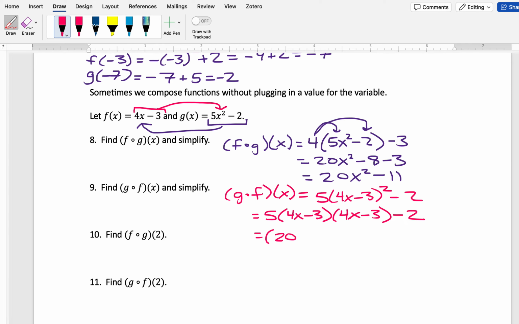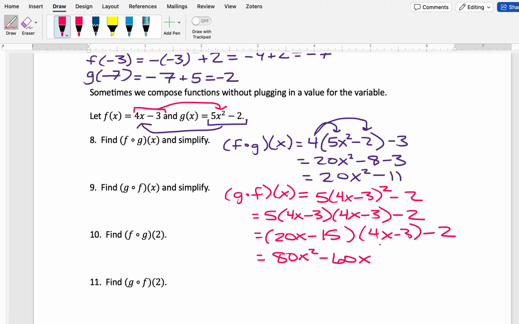So that's going to give me 20x minus 15 times 4x minus 3, and then minus 2. So multiplying this out here, 20x times 4x is 80x squared. For the outside, I get minus 60x.